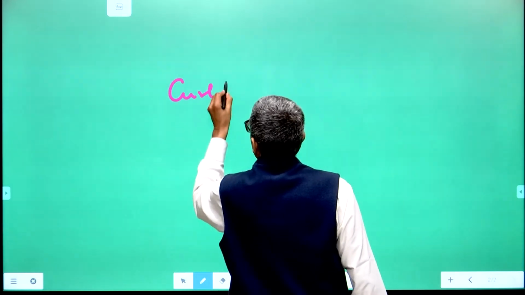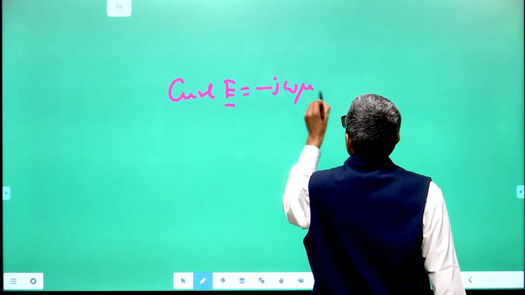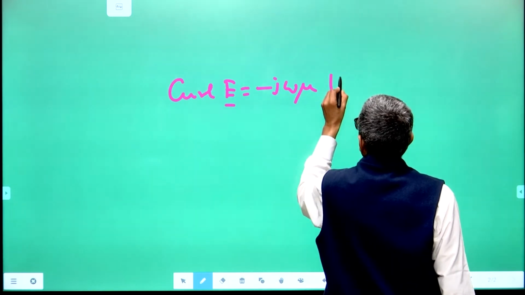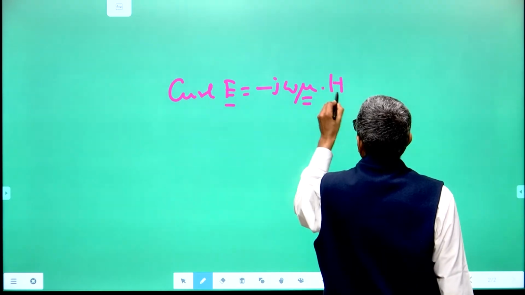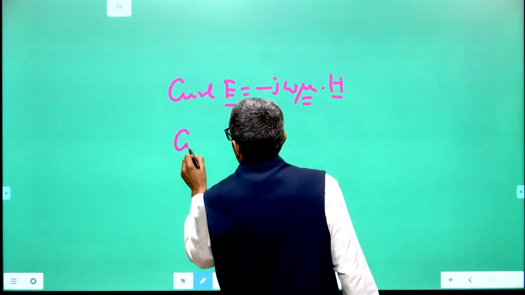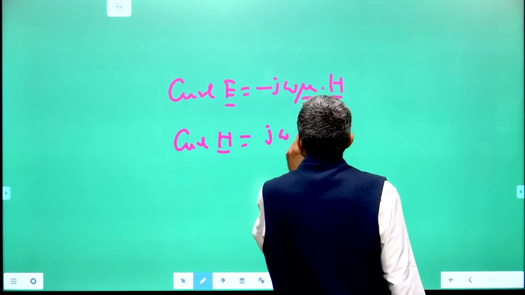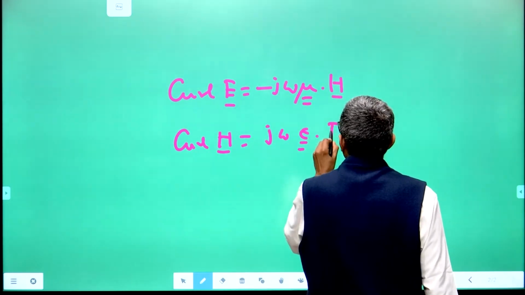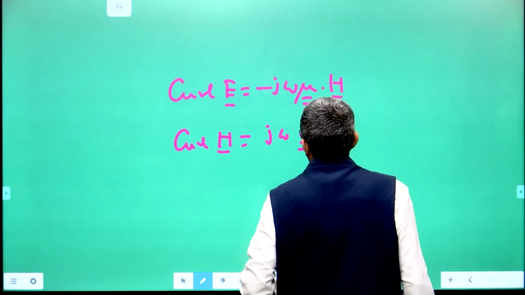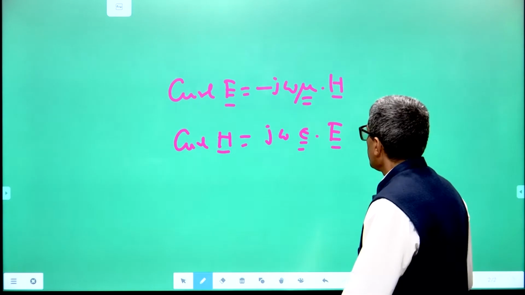First equation is curl of E is equal to minus j omega mu H. Here mu is a matrix, H is a column vector with 3 components, and likewise you have curl of H is equal to j omega epsilon times E. So, epsilon is again a 3 cross 3 matrix which multiplies onto a 3 cross 1 vector.